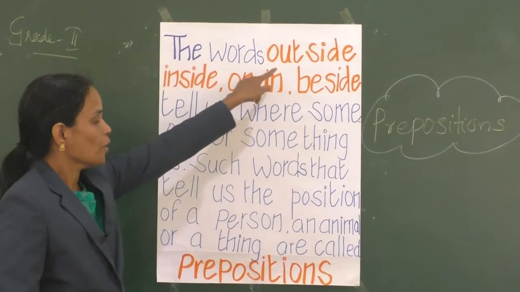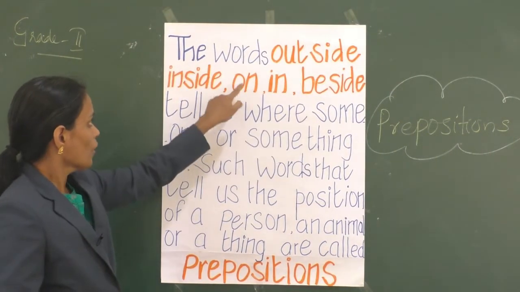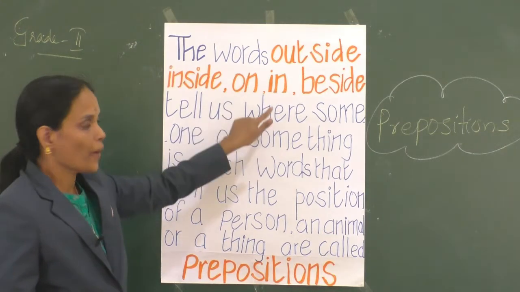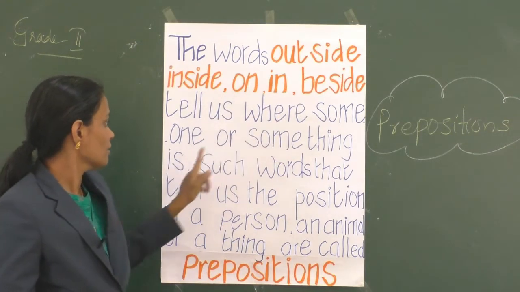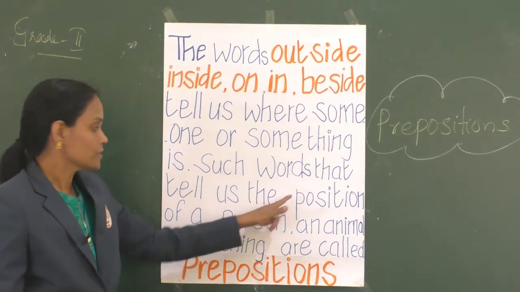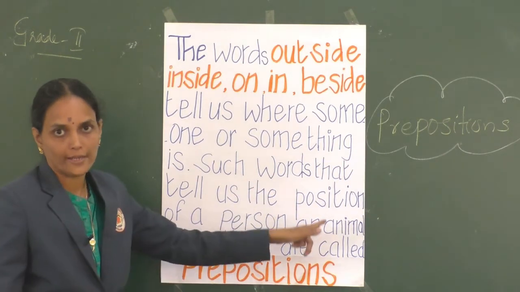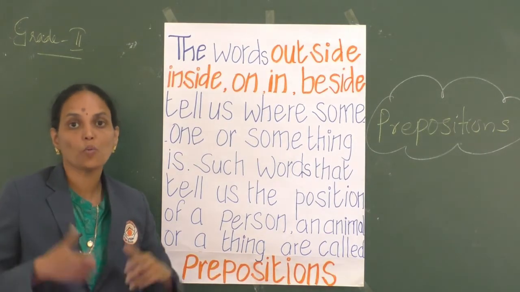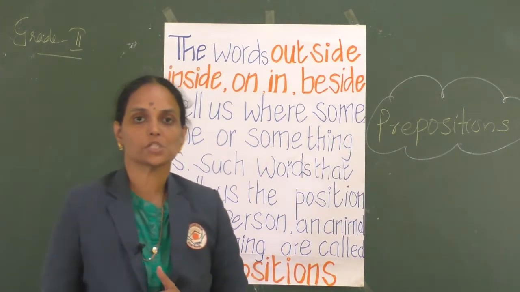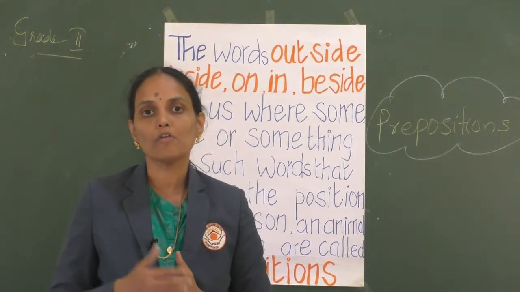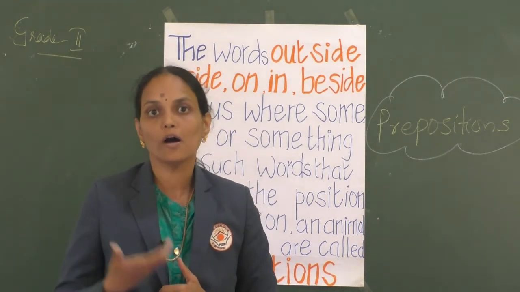The words outside, inside, on, in, beside, etc. tell us where someone or something is. Such words that tell us the position of a person or an animal or a thing are called prepositions. So what are prepositions? Prepositions tell us the position or the place of a person or an animal or a thing.